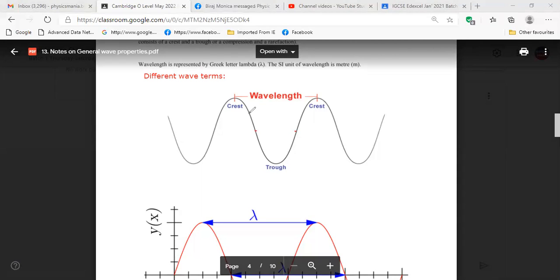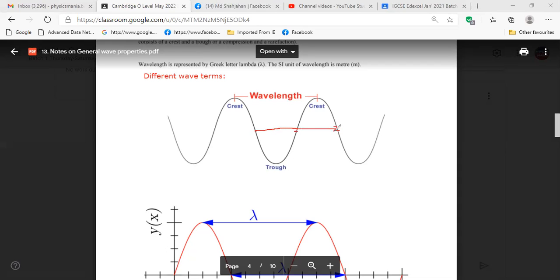So the lower part starts from here and ends here, isn't it? Then the upper part starts from here, that is crest, and it's finished here, right? So the starting of the trough and the end of the crest, right here. So this horizontal distance you are covering, this is also wavelength.